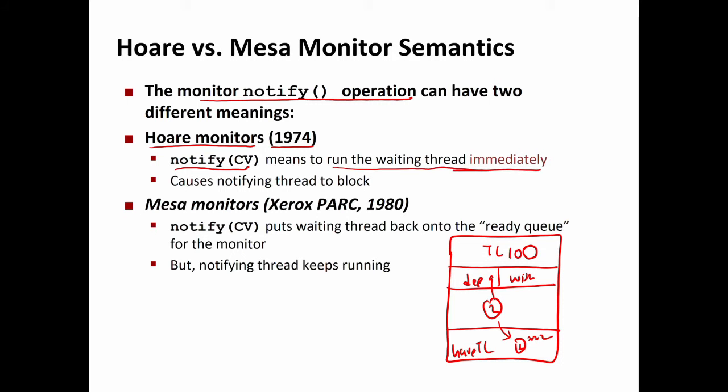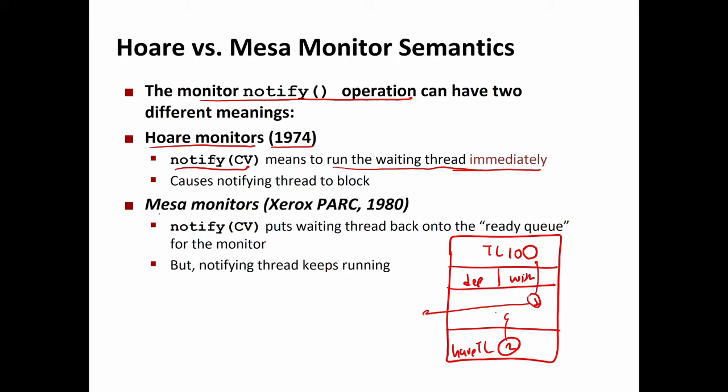So if number two does a notify, then he would wake this guy up. So one comes in here, and when he is active there, in the meantime we put number two here. Then one completes his job and leaves, and then this guy will come. This is the OR monitors.